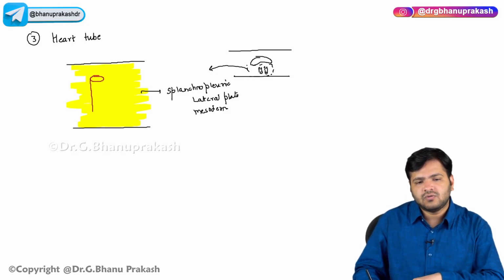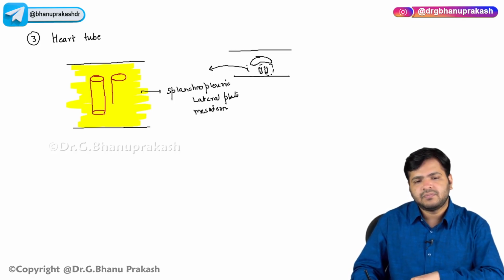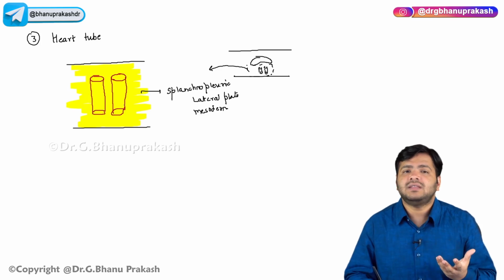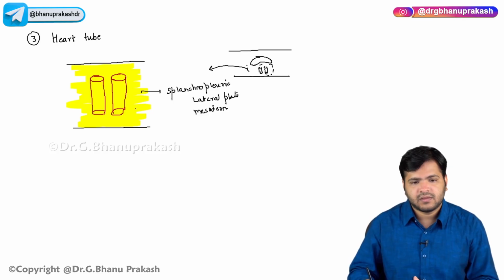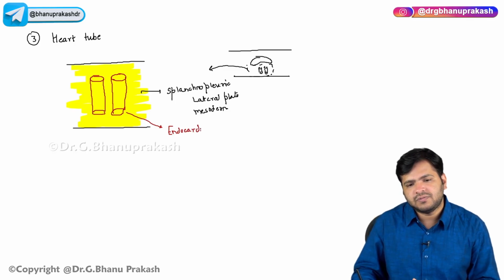So let us try to draw these heart tubes which are developing inside this splanchnopleuric lateral plate mesoderm. These two heart tubes are called endothelial heart tubes, or endocardial heart tubes.